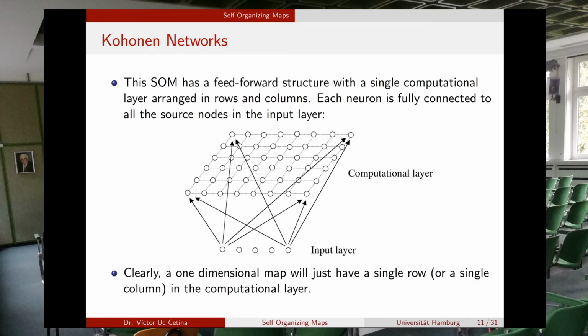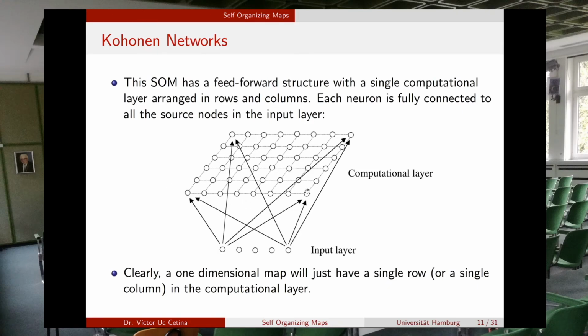Clearly, a one-dimensional map will just have a single row or a single column in the computational layer. So this would be an example of a Kohonen network in 2 dimensions. It is arranged in this square or rectangle, and if you implement this in a one-dimensional map, then what you would have is only one row of these neurons.